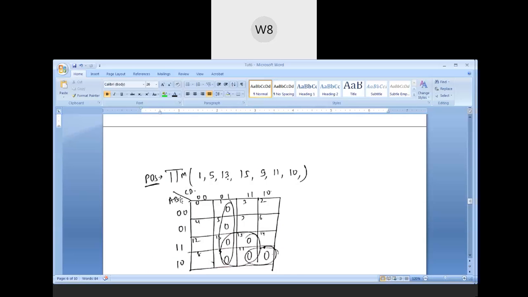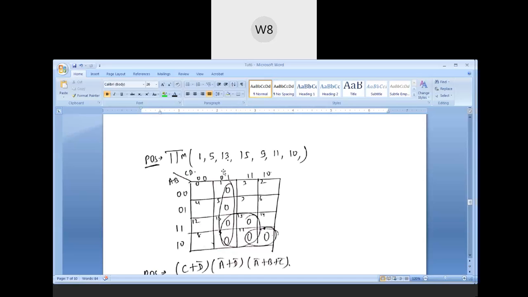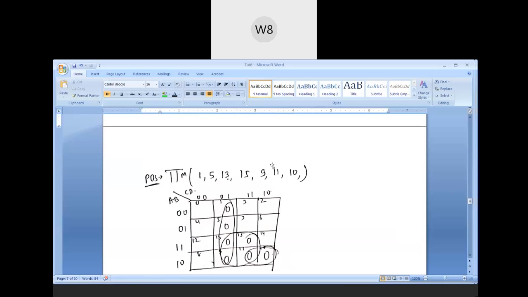Now we represented the function first as product of max term, and this expression can also be used to simplify the function and get directly the product of sum expression.